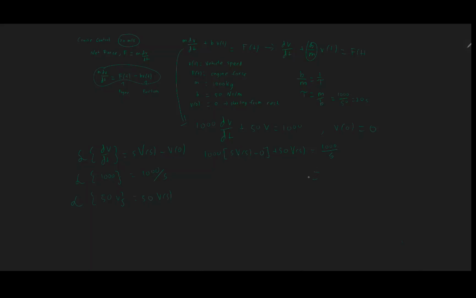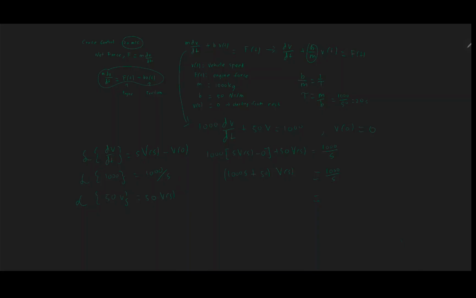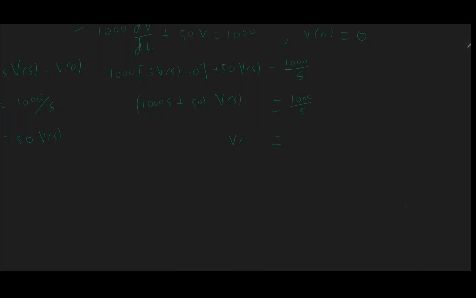Simplifying this, we get 1000 s plus 50 times Vs equal to 1000 over s. And simplifying further, making Vs the subject of the formula, we get that Vs is equal to 1 over s times s plus 0.05.